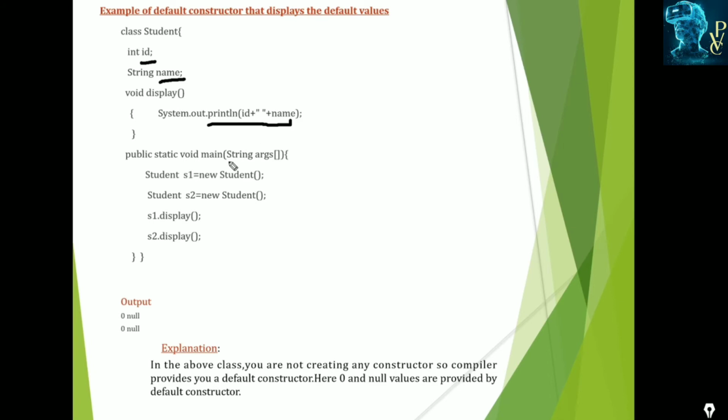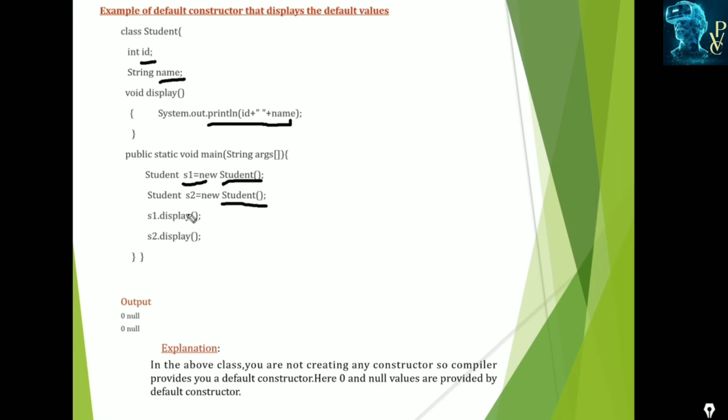In the main method I have created two objects: Student s1 is equal to new Student, s2 is a new Student. We have not created any constructor, and when the programmer cannot create any constructor, the compiler automatically creates the default constructor for every object.